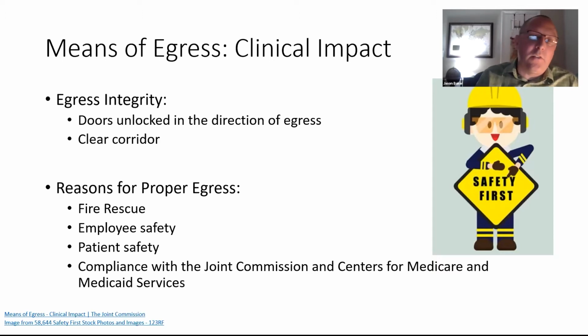So we changed everything, but what JCAHO and CMS really look for is egress integrity: the door cannot be locked from the inside out, and the corridor must remain clear. So when you're having your review, these are two things they're going to look at for egress. But the reason for this is really fire safety, employee safety, patient safety, and it allows you to not get a citation when you're having your review by whoever reviews your lab.